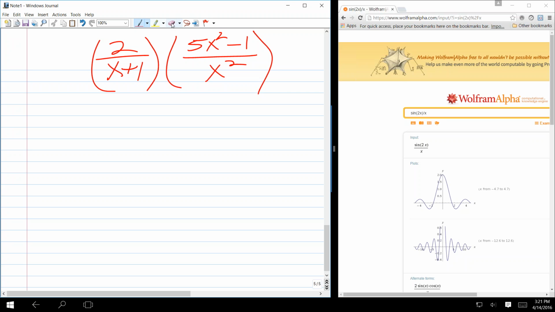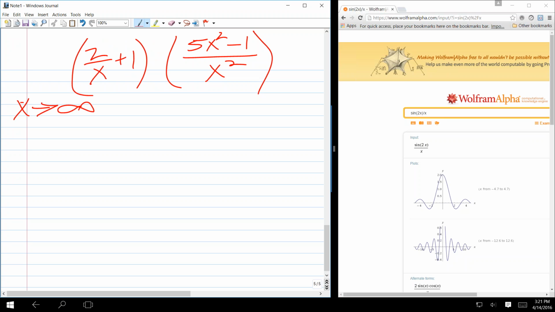Okay. Yeah. And we're letting x go to infinity? Yes, yeah. Okay. What's the left side? The left parentheses. What happens to that quantity as x goes to infinity?